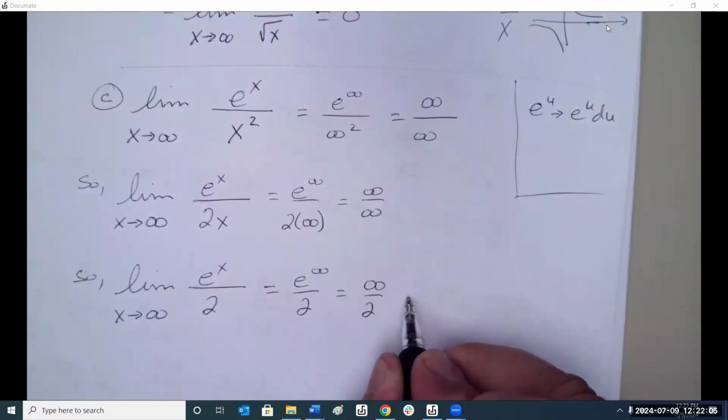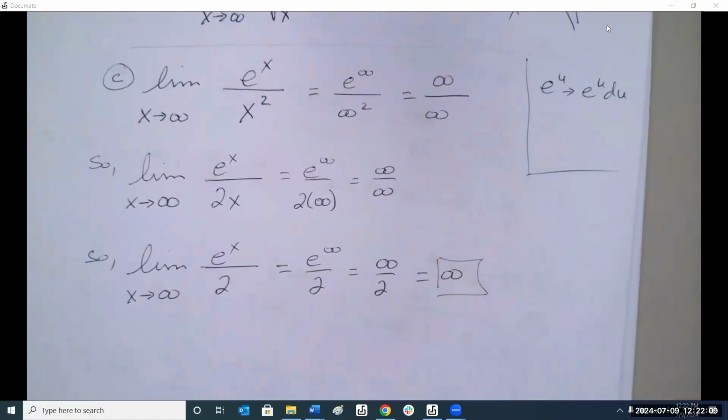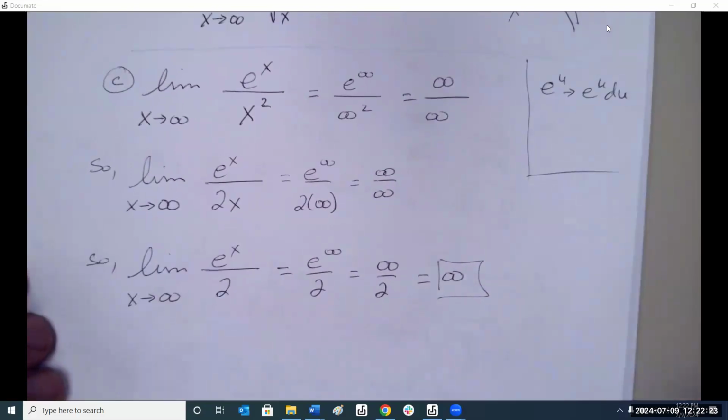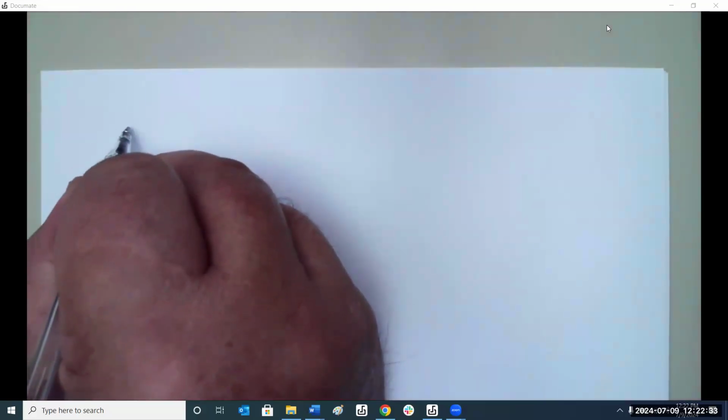Infinity over 2 equals infinity. It's going to take practice to make sure you understand all these steps and all these rules. But it's practice that you have to do.